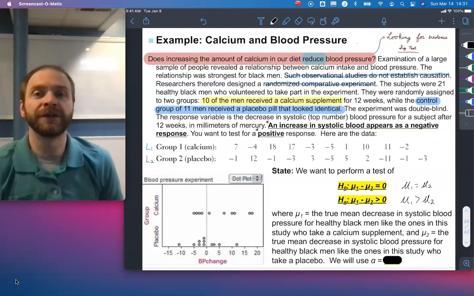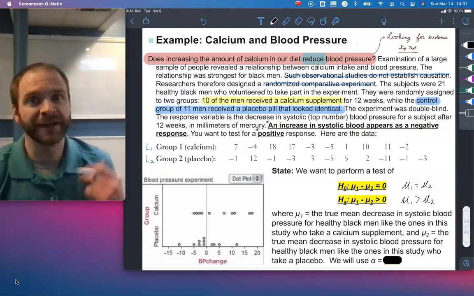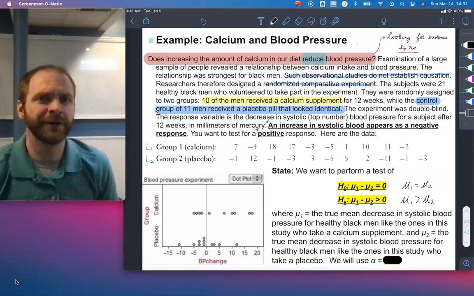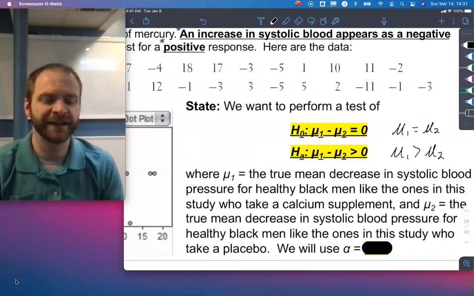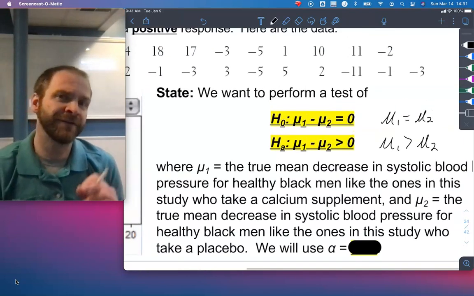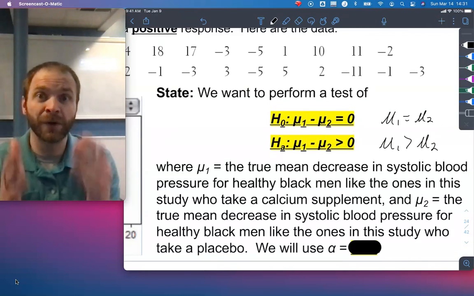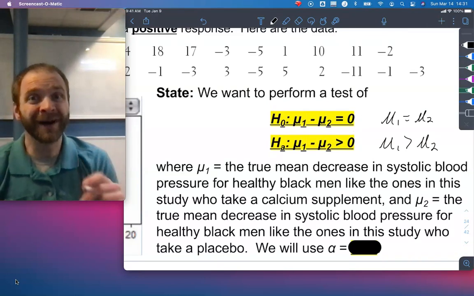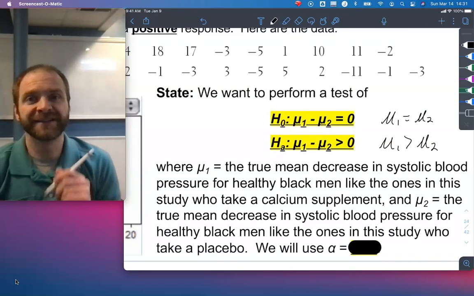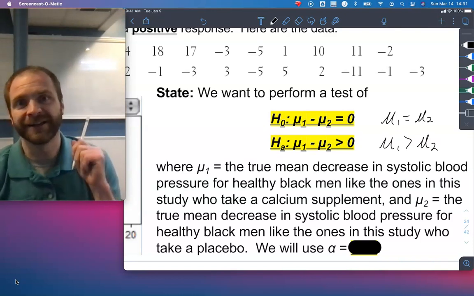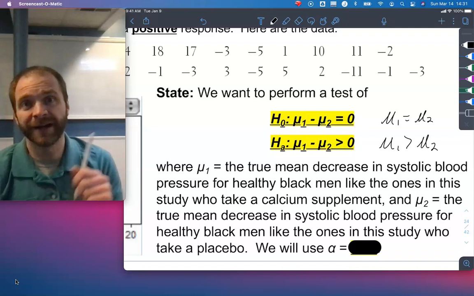Now, if we use mu1 and mu2, yes, we have right now what mu1 equals and what mu2 equals, but there is one other thing I want to draw attention to. You can see that when they're defining their variables, they are not telling you which order they're dealing with the subtraction, which they're supposed to, right? I know, but they did. When they stated their hypotheses, the null and the alternative, they specified the order, mu1 minus mu2.